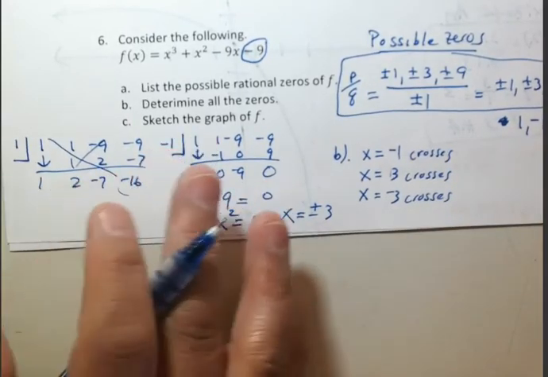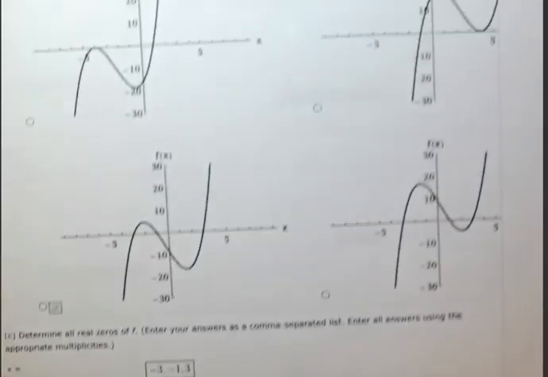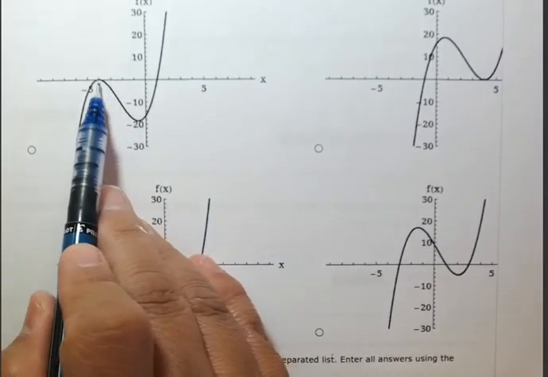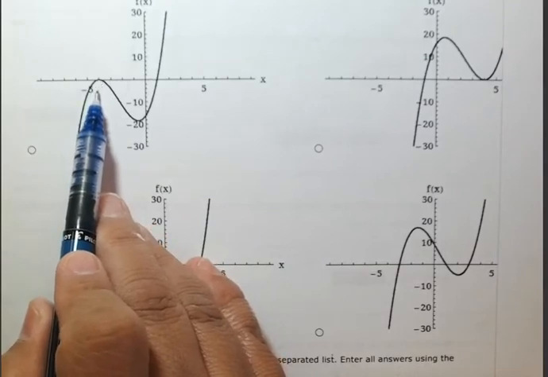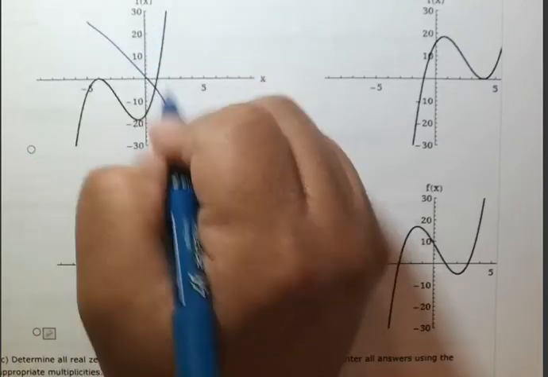And then just so you can see what you see on your paper, they give you the 4 graphs and then you have to decide which one it is. Well, if you look at the first one, they tell you that you have a 0 at -4. Did we get a 0 at -4? No, so that's not going to be an answer.